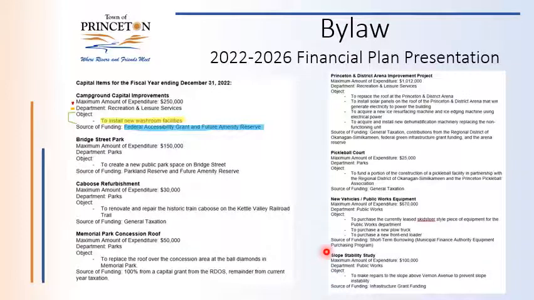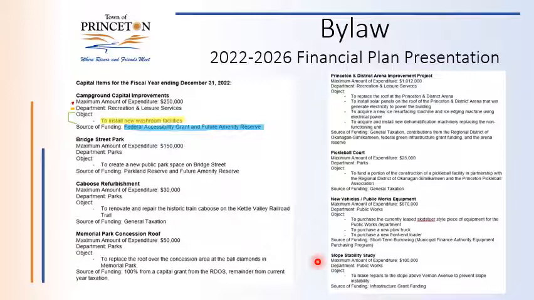Slope stability study. We've done this already. Our slope stability study came back identifying several areas of the municipality where the cliff sides above the roads are deteriorating and are in need of some mitigating work. So the amount of funding in there is not necessarily for a study.